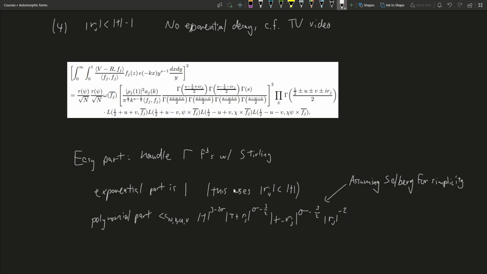And that's what you're going to get from Stirling's approximation, this part as your polynomial thing.